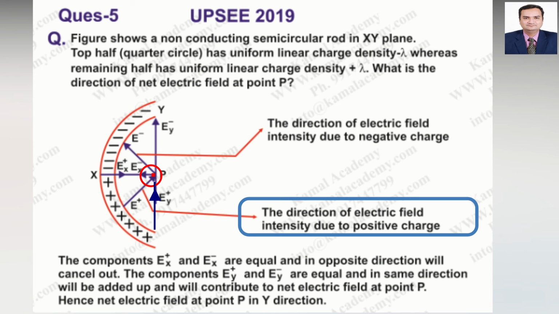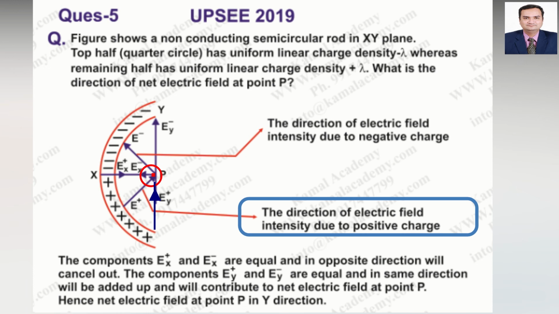Similarly, the negatively charged quarter circle exerts an electrostatic force of attraction on positive test charge placed at point P. Hence, the direction of electric field intensity at point P will be in the direction of electrostatic force of attraction, which is in the direction of E negative.